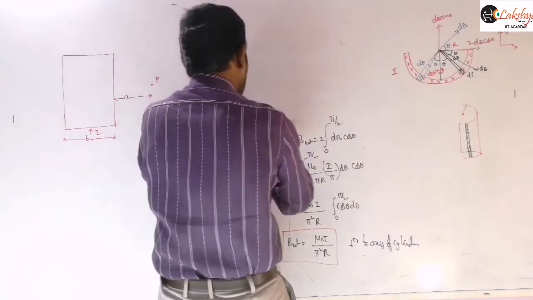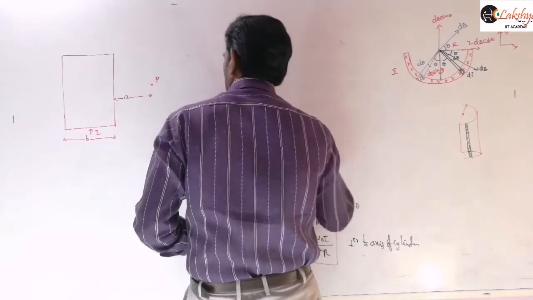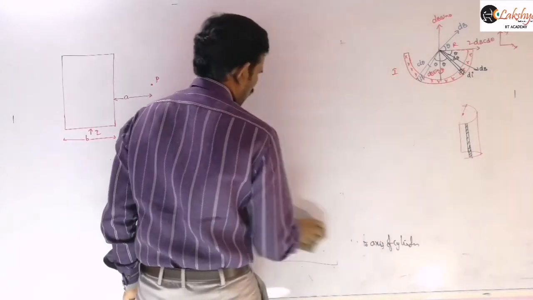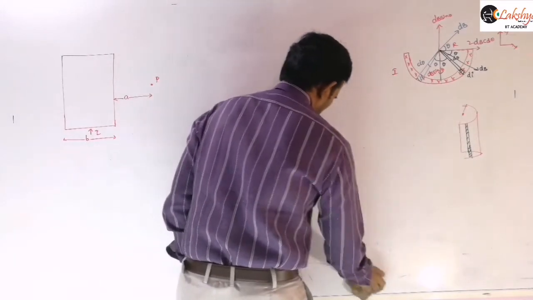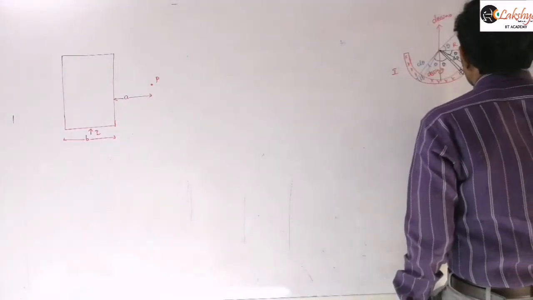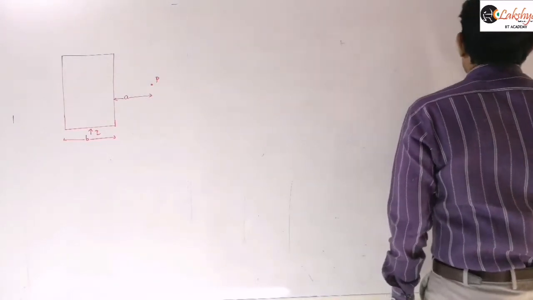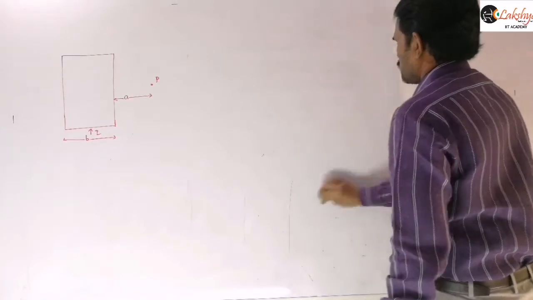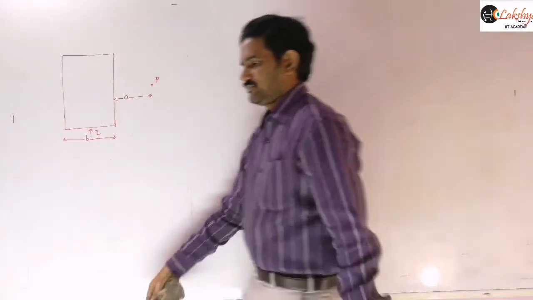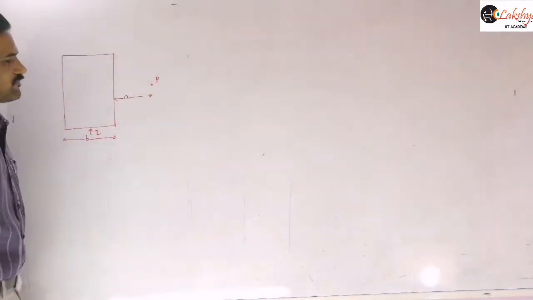A very long plane of width b carries a current I distributed uniformly over its cross section. That means current is flowing uniformly here, it is entering uniformly.